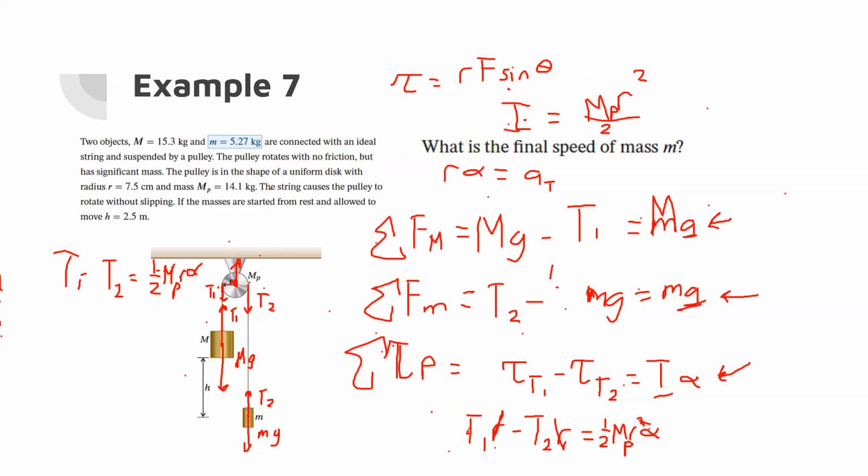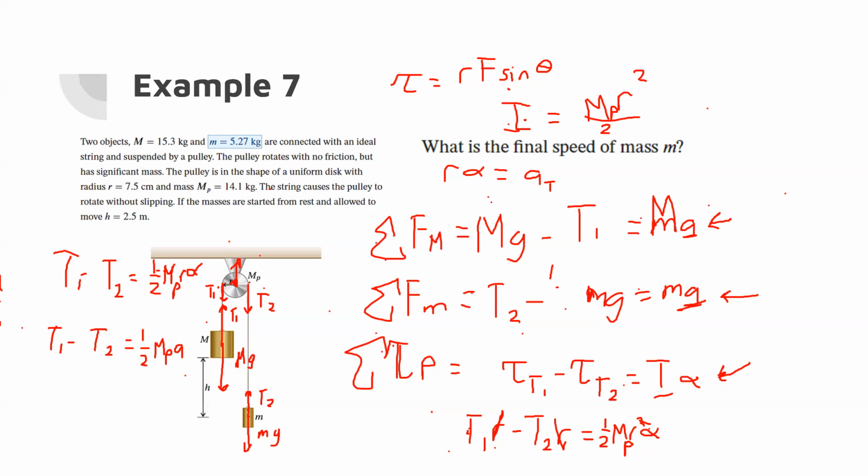So I can even write that tension 1 minus tension 2 is equal to 1/2 mass pulley times the acceleration, like that. And then instead of having a system of equations with 2 unknowns, I have a system of 3 equations and 3 unknowns.